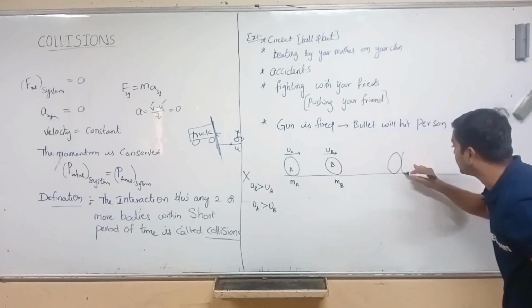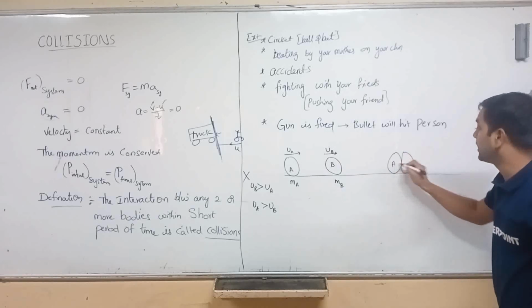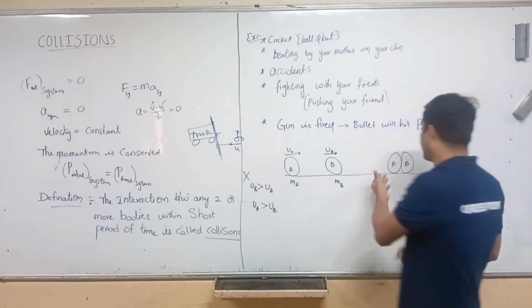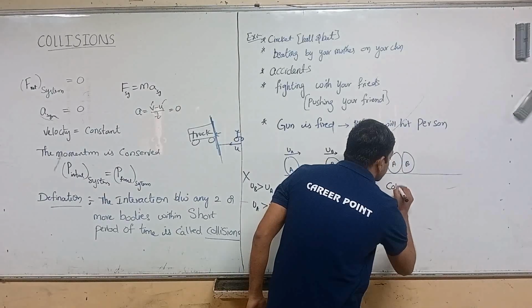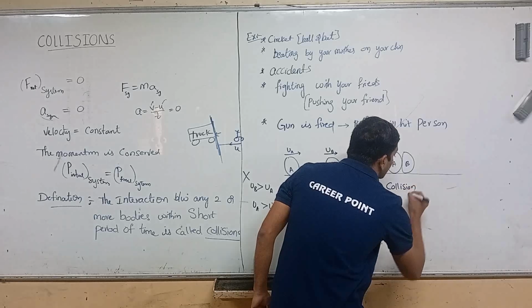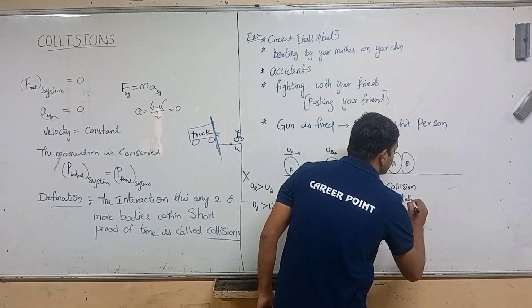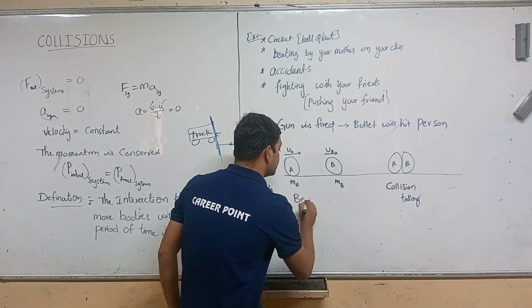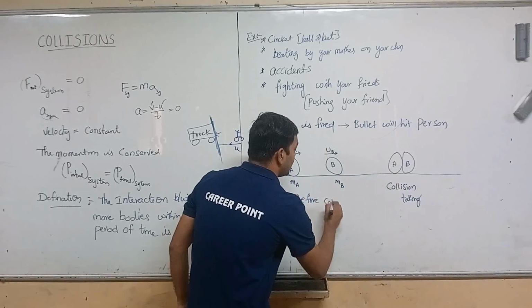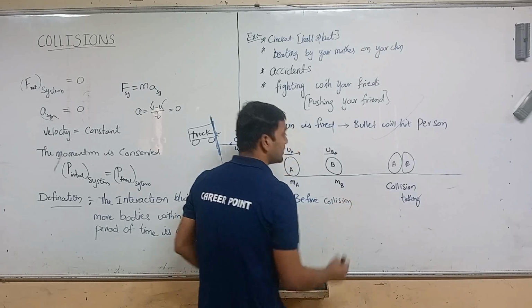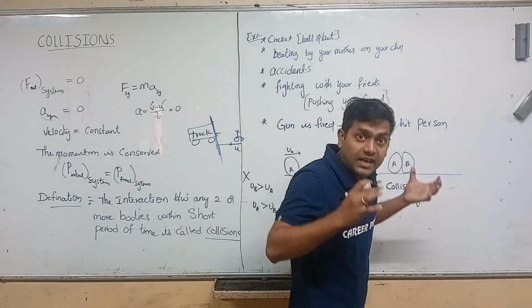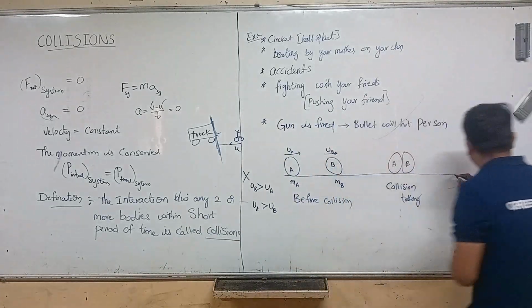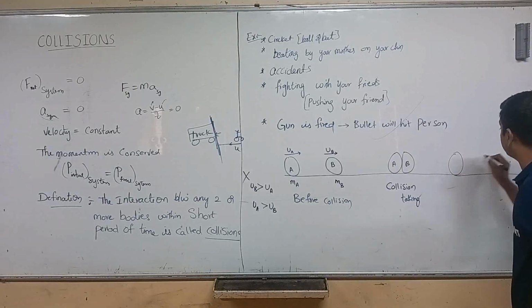So here A and B, this is where the collision takes place. This is before collision. After the collision, this object will move like this.